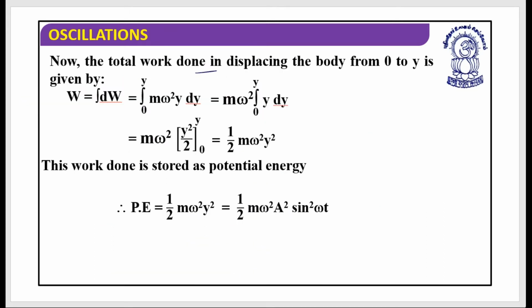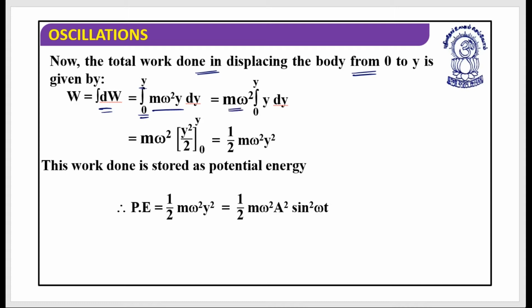So the total work done in displacing the body from 0 to y is W = ∫dW, which is the integral from 0 to y of mω²y dy.